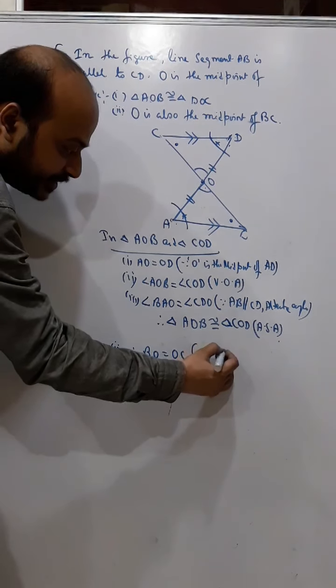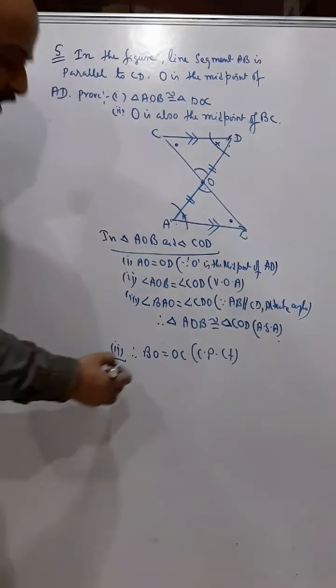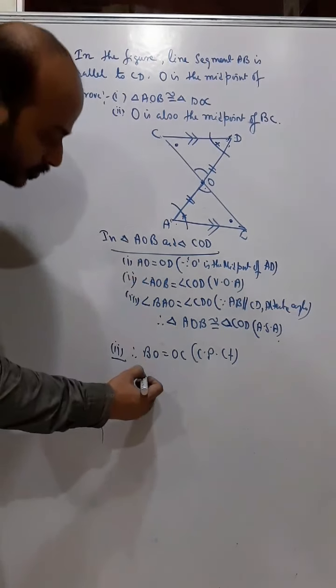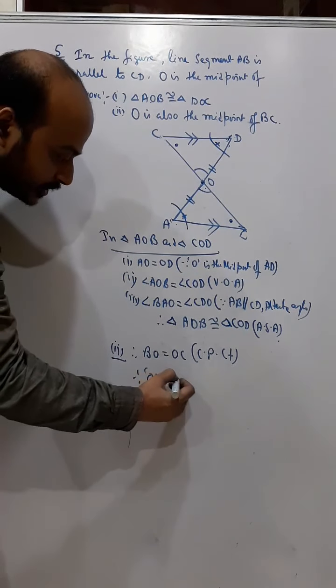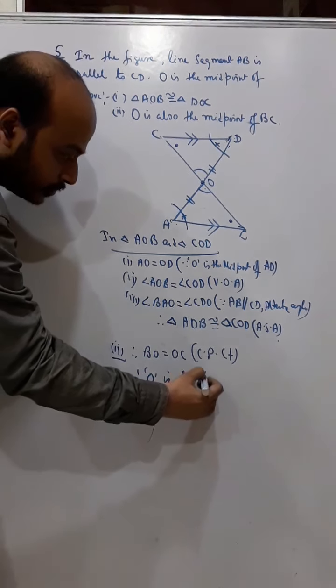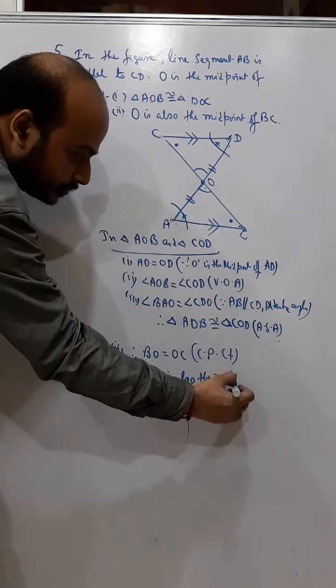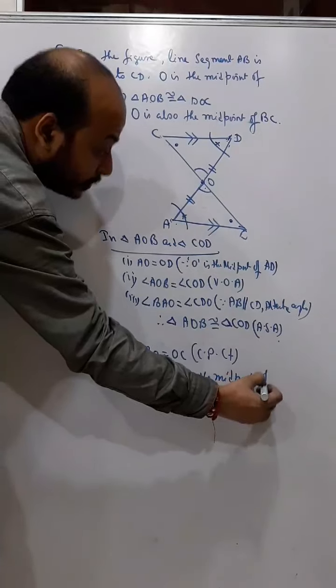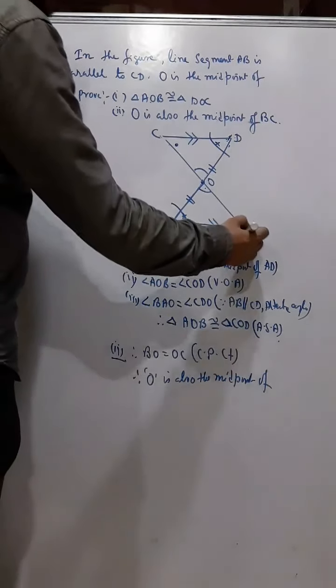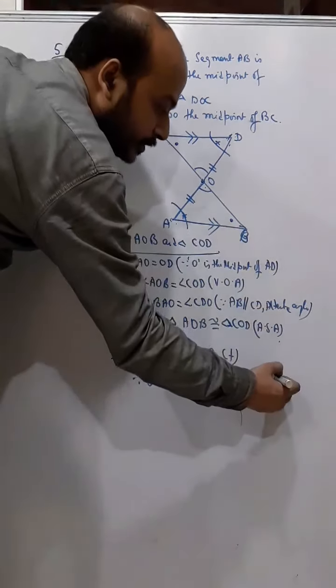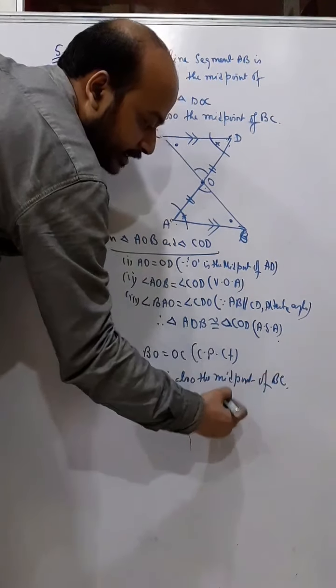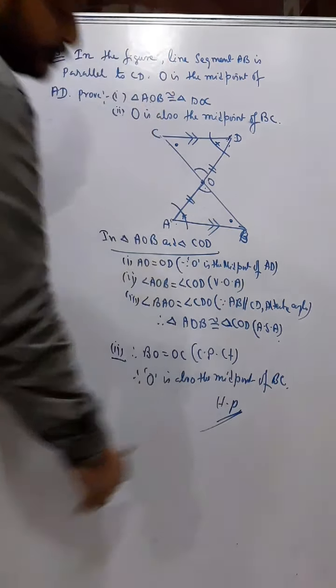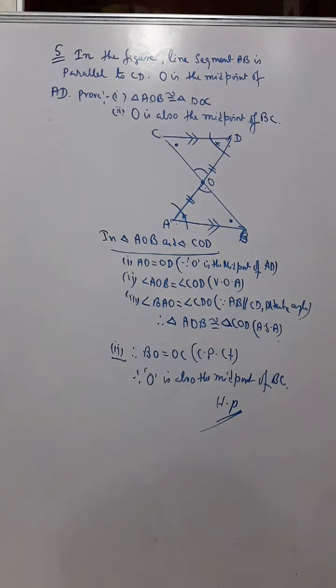The reason is CPCT, and therefore we can say that O is also the midpoint of BC, and hence proved, okay.